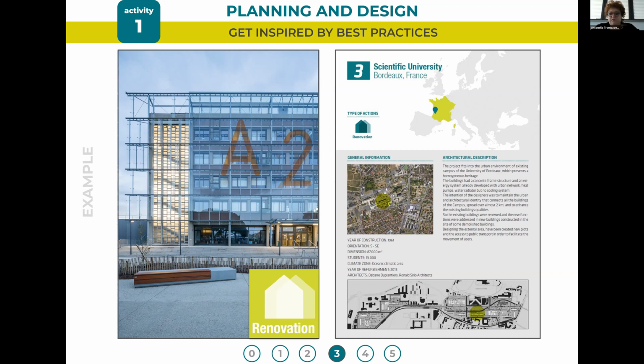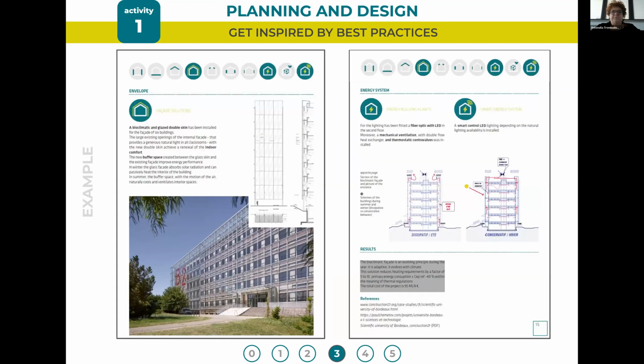And it is very interesting to analyze the architectural description that we can investigate on the website or by contacting directly the project company involved in this retrofitting action. And after, we organize this information, taking into consideration some aspects: all the technological elements, but also all the building elements.